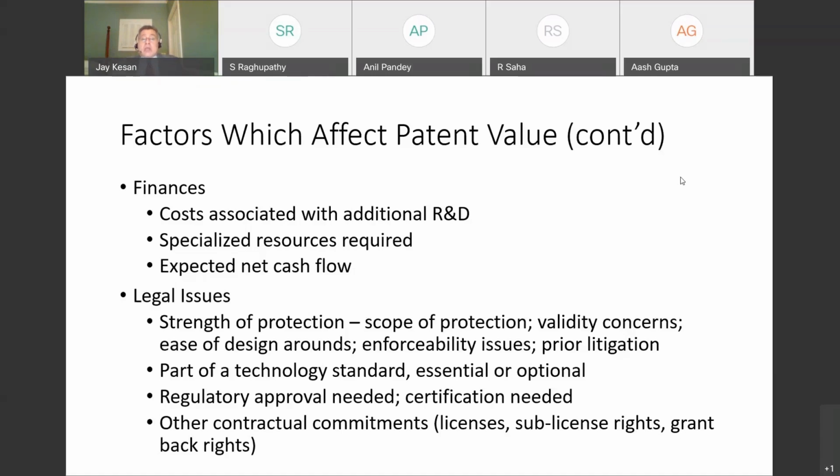Now, is your patent, as we've talked about, a part of a technology standard? Is it essential to the standard or an option within the standard? So for example, you might have patents that are essential to an option, but they're not essential to the core standard itself. A good example might be something like Bluetooth.